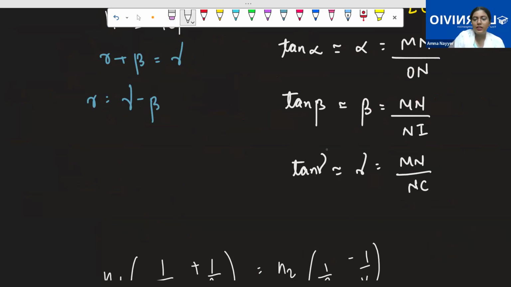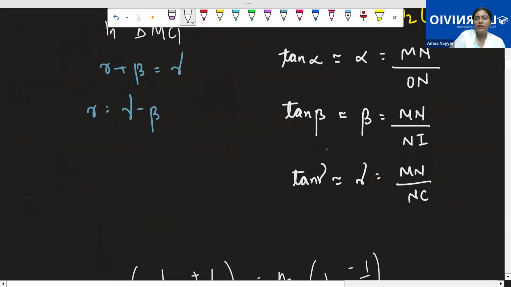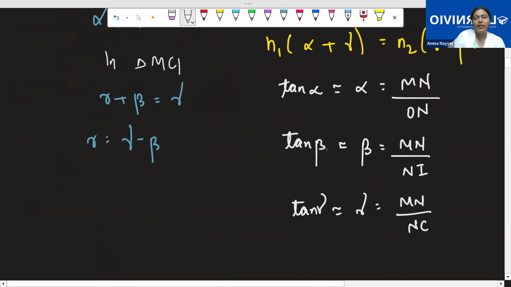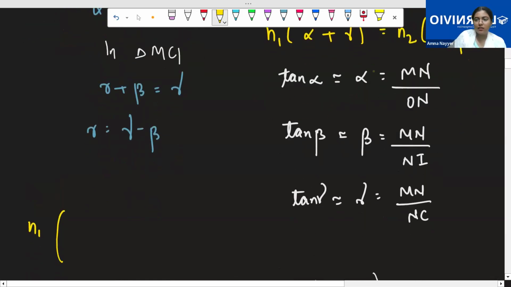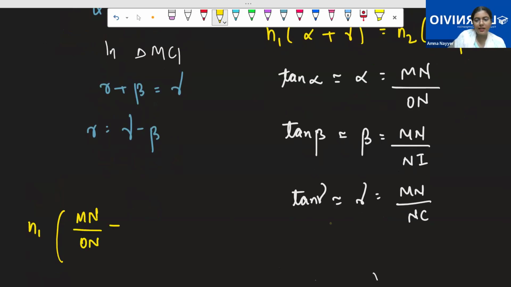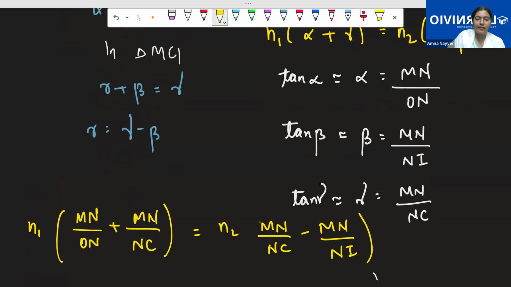So here, if we put in the values of alpha, beta and all, we'll get N1 into alpha plus gamma, that is MN by NC, is equal to N2 into gamma minus beta, meaning MN by NC minus MN by NI. MN will be cancelled and all.